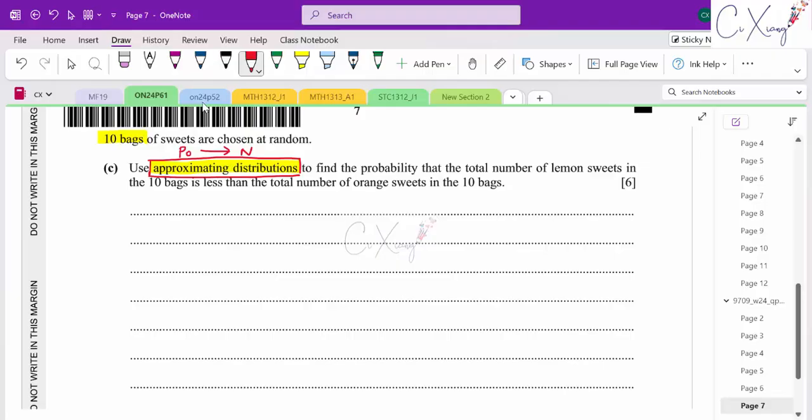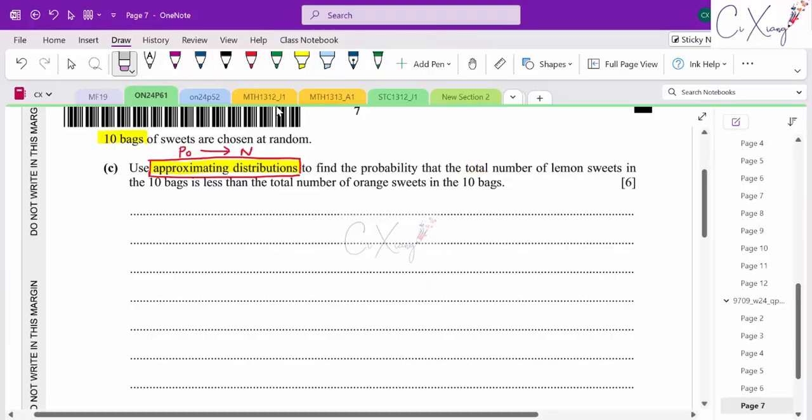To find the probability that the total number of lemon sweets in the 10 bags is less than the total number of orange sweets in the 10 bags. Okay, so they're talking about the total for 10 bags.